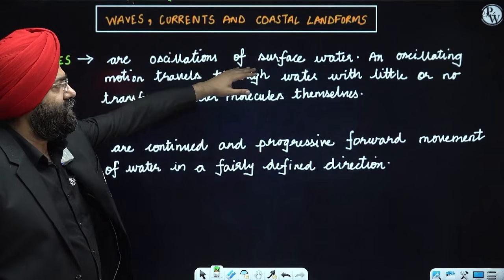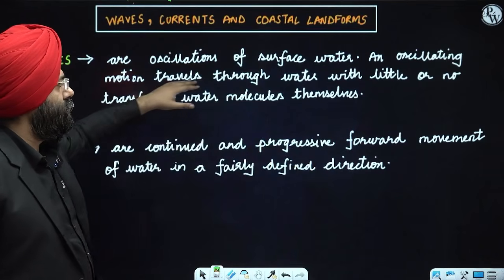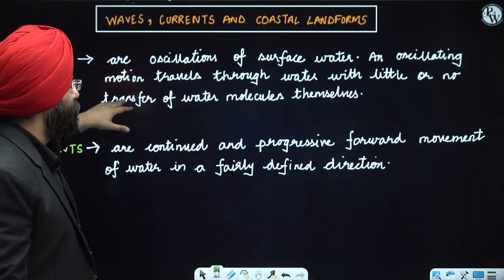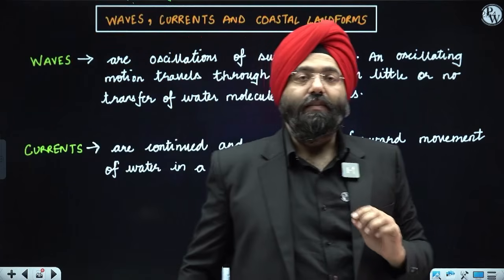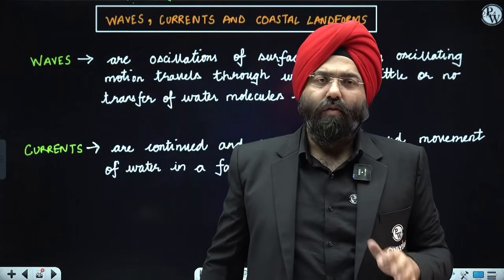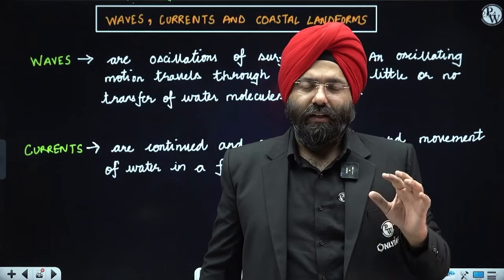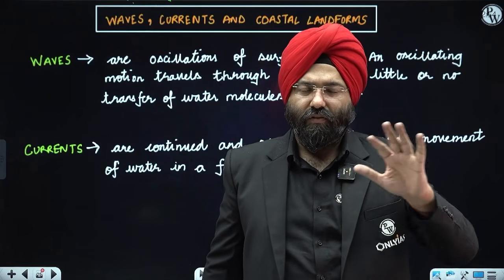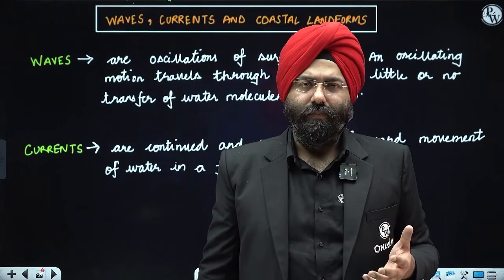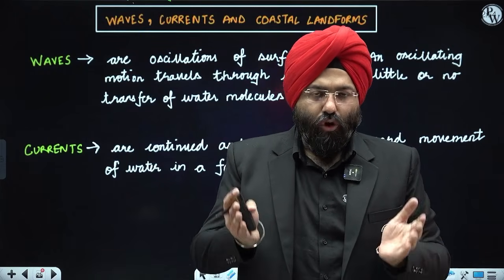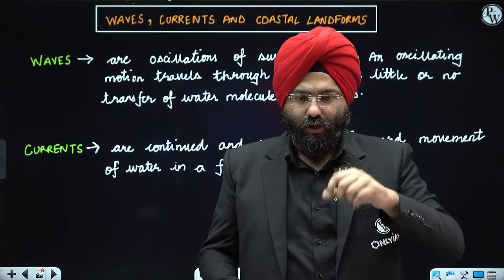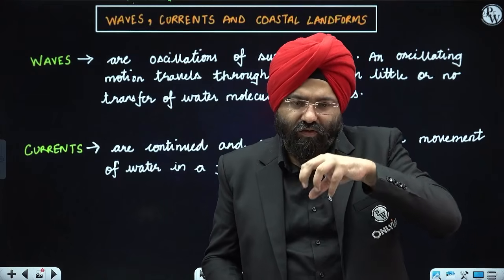Oscillations of the surface water. The oscillation travels through the water, with little or no transfer of water molecules. Now please understand, waves are basically an outcome of the disturbances that take place on the surface of the water or in the water body. If there is a small bowl of water, if you touch the water, you will see certain miniature waves will be created and move outward.